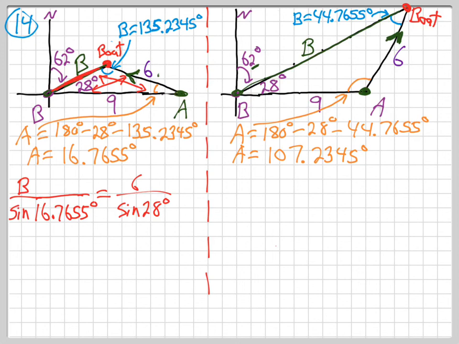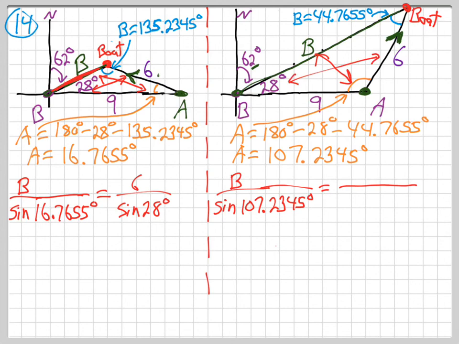Over here, I can do the same kind of thing. B, which I'm looking for, across from angle A, over the sine of angle A. In this case, angle A is 107.2345 degrees, equals the 6 over the sine of 28 degrees, which are across from each other.